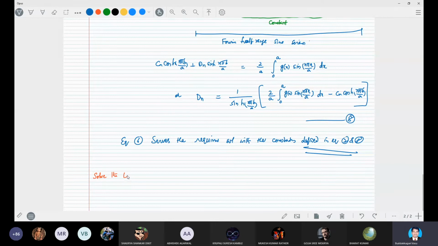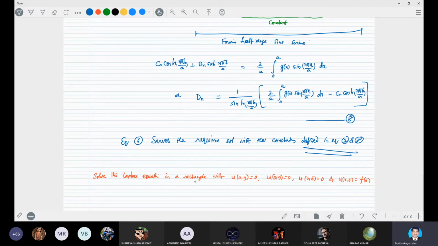Solve the Laplace equation in a rectangle with u(0, y) = 0, u(a, y) = 0, u(x, b) = 0, and u(x, 0) = f(x).